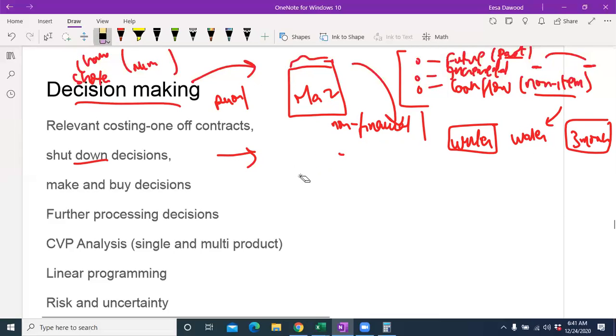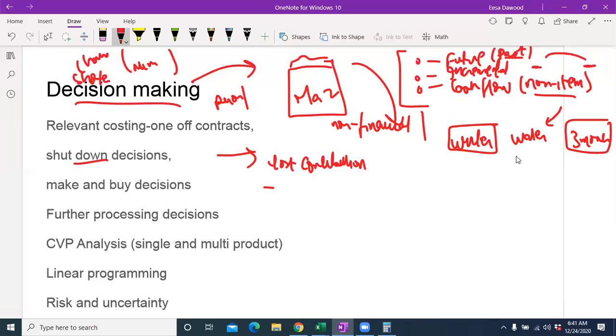You take the shutdown decision based upon this: when you're going to shut down, definitely there'll be some lost contribution. And if you're going to shut down, if there was any specific fixed cost, that would be saved for the time period as well.